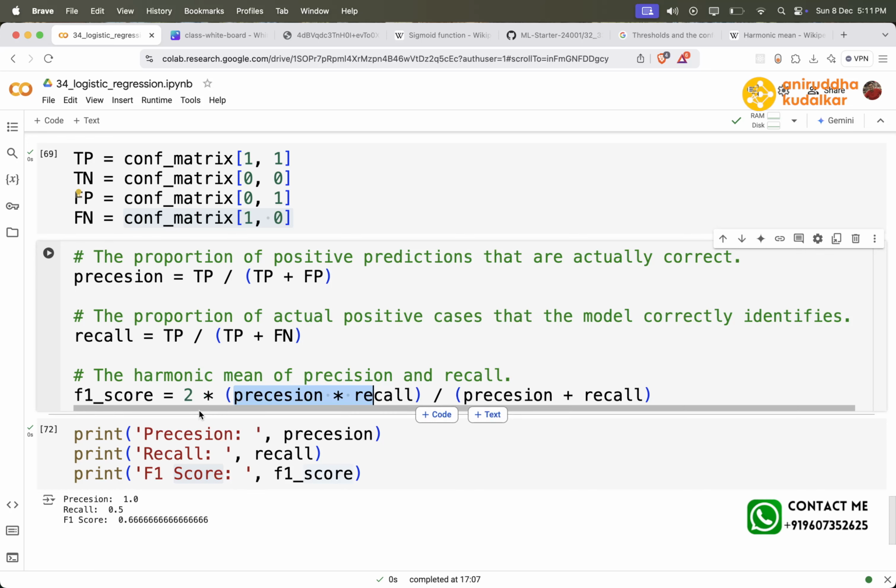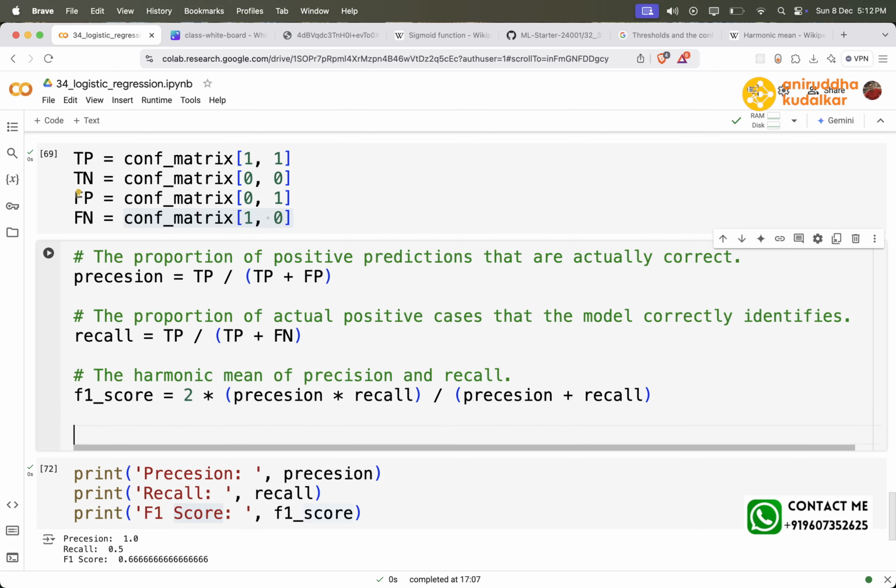The F1 score is the harmonic mean of the precision and recall. This is the standard formula for the F1 score.